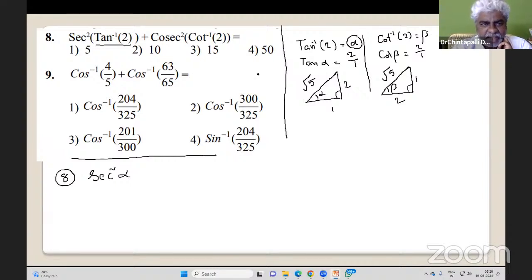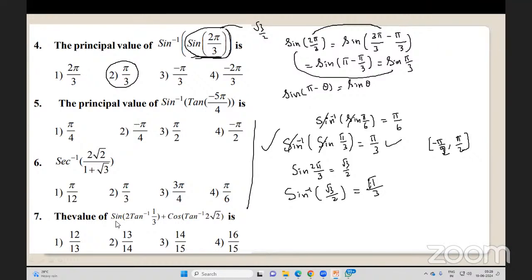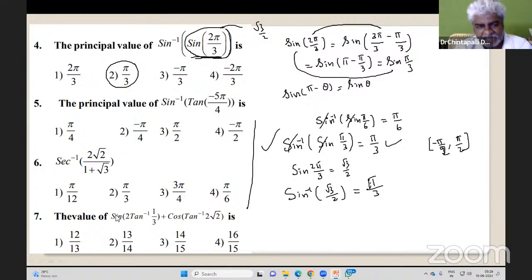In the seventh question, the square is not there for sine, that's why we could cancel by converting tan inverse as sine inverse. Here also, we converted tan inverse as cos inverse and cancelled cos and cos inverse.